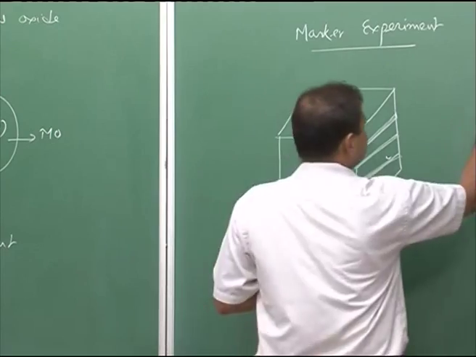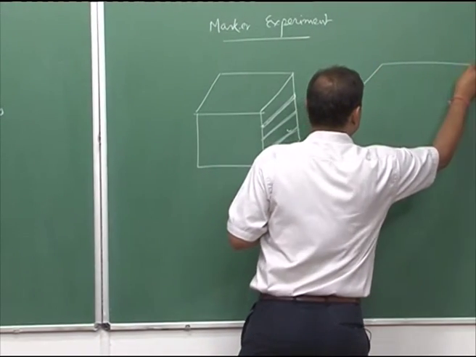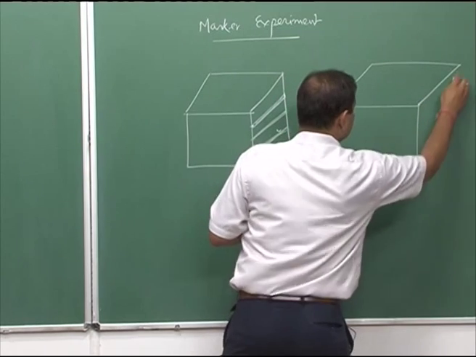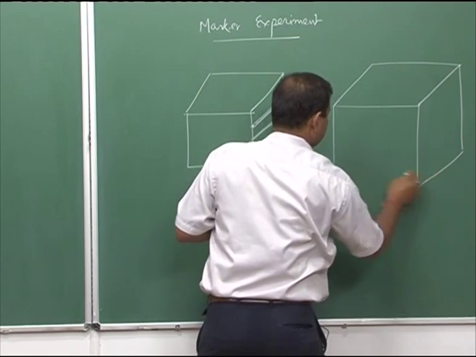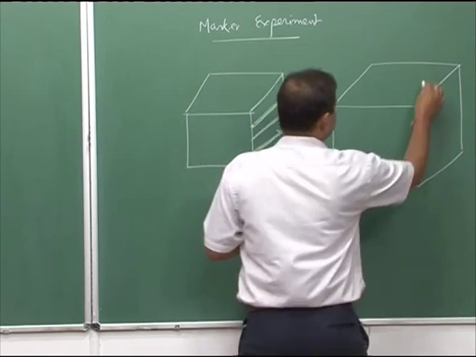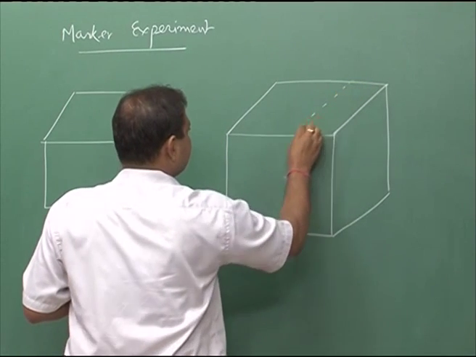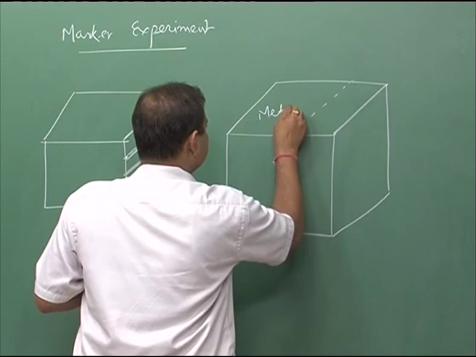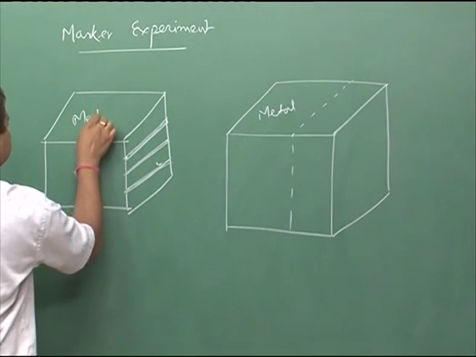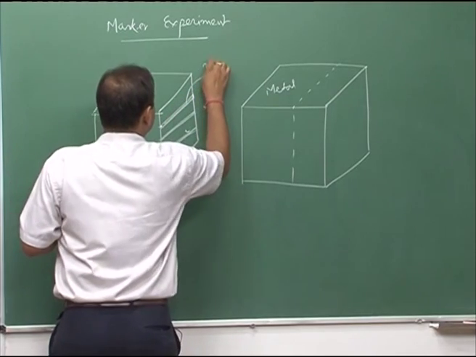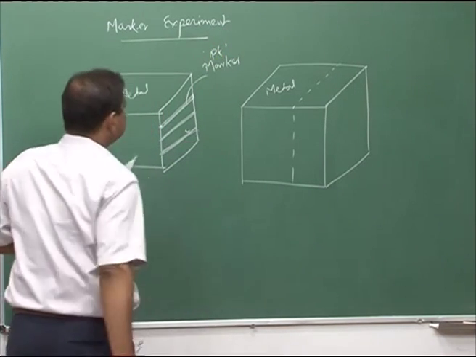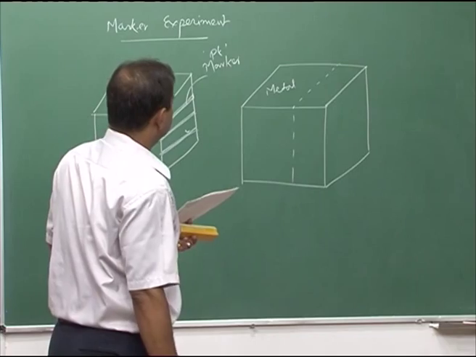So, then we can see two situations. One is, let us say this is metal and these are markers, which are platinum wires.